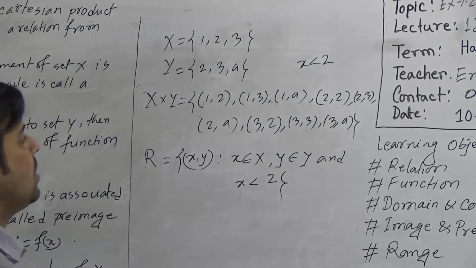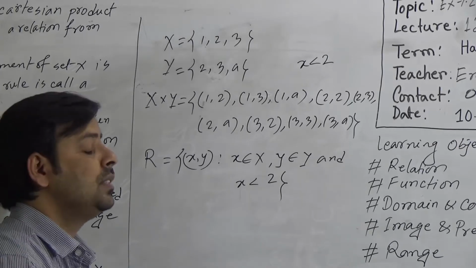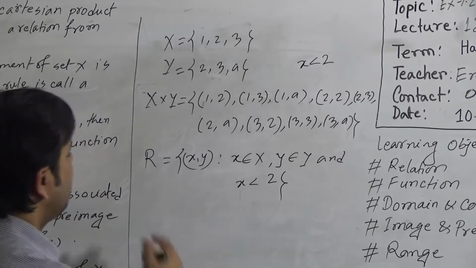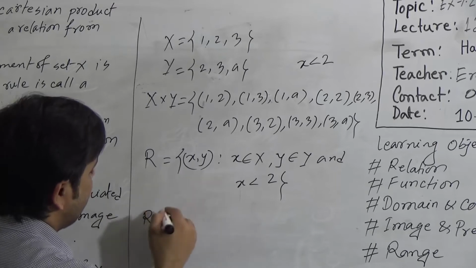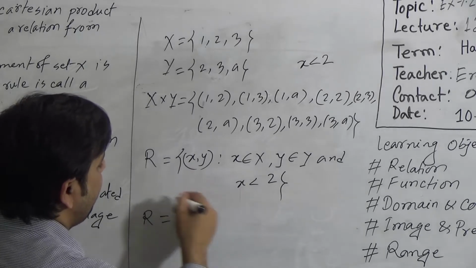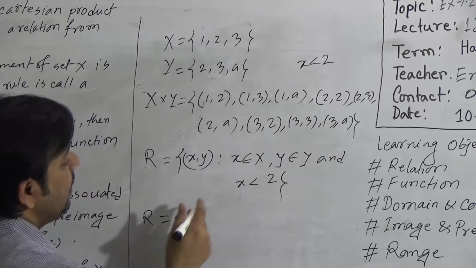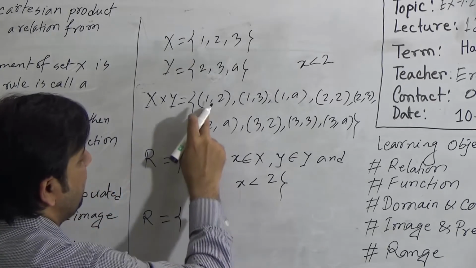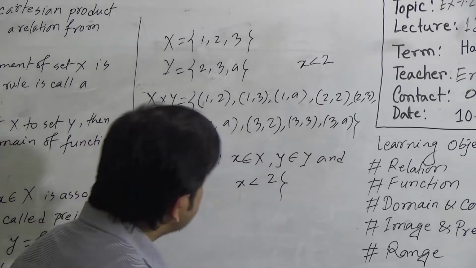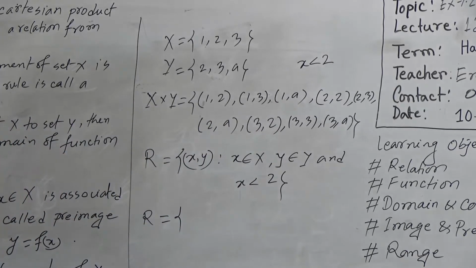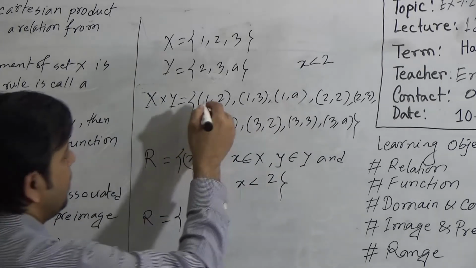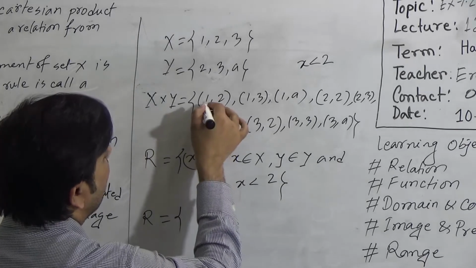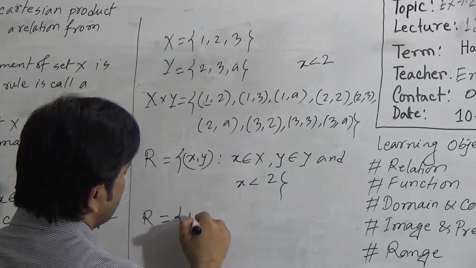In this case, what will be the answer? R we can determine according to the condition x is less than 2. So we have to consider the first element. The first element must be less than 2. So we can write here (1, 2).